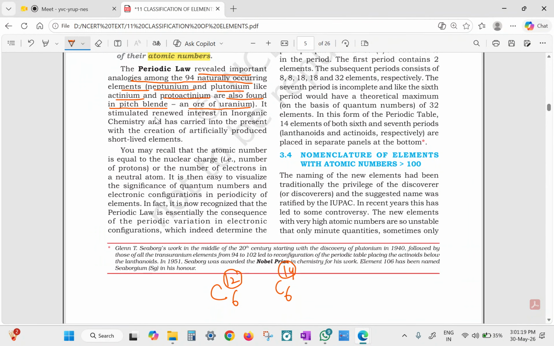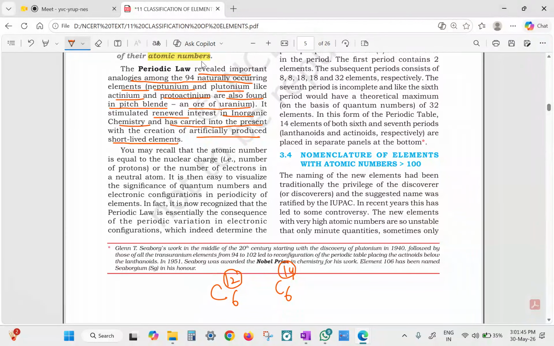It stimulated renewed interest in inorganic chemistry and has carried into the present with the creation of artificially produced short-lived elements. So, not only did they arrange the elements, the modern periodic law also prompted scientists to start producing artificially produced short-lived elements.